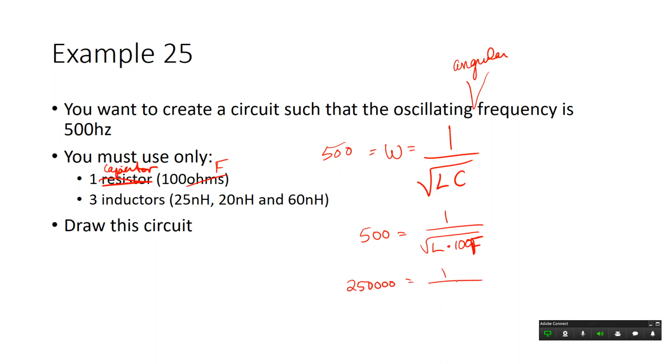Is that right? 500 squared is 250,000 or 25,000? It's okay? And so therefore L is going to be equal to a really small number, 1 over 2.5 million.